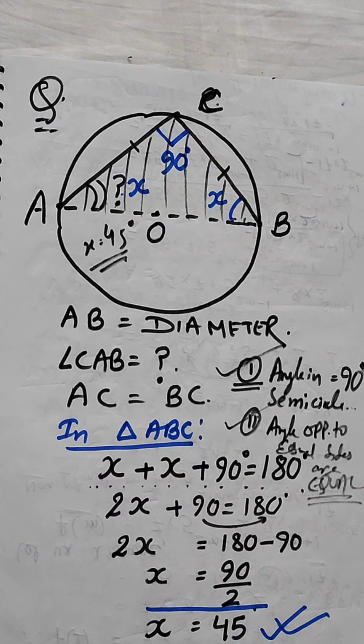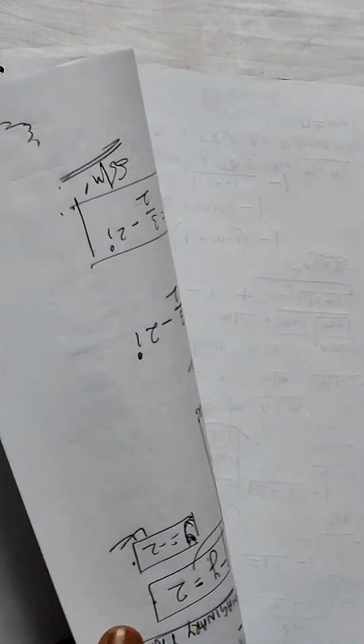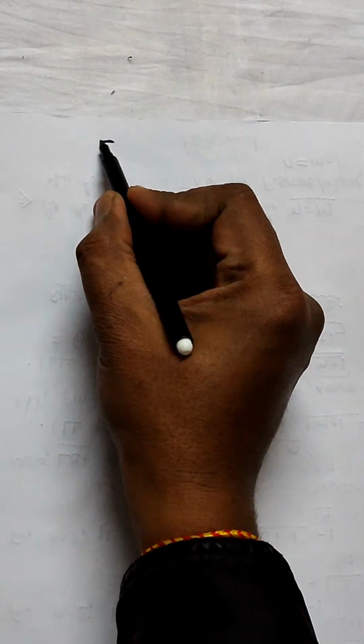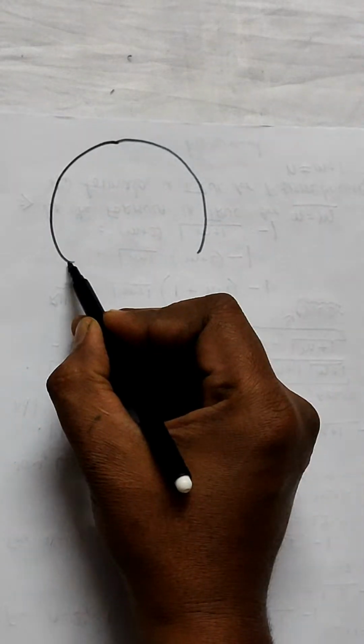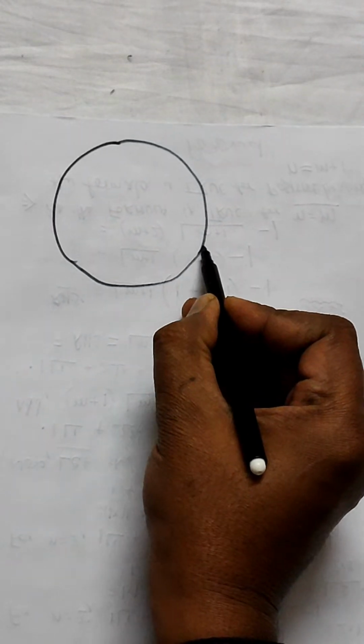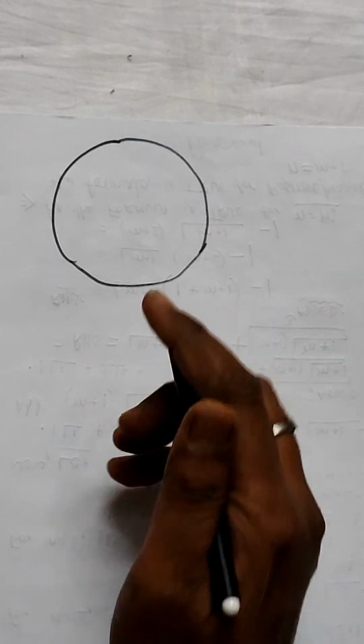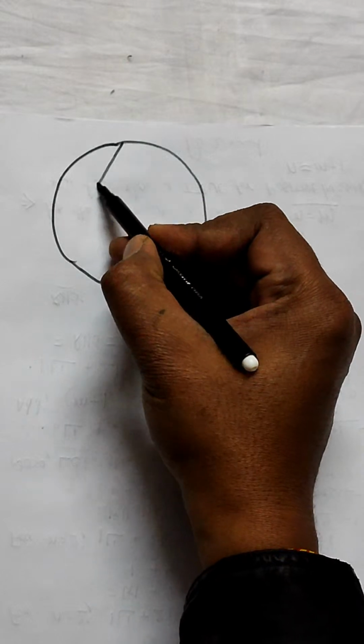So I'm taking another question. A triangle is given like this, a circle is given like this, and AB and AC are two equal chords.